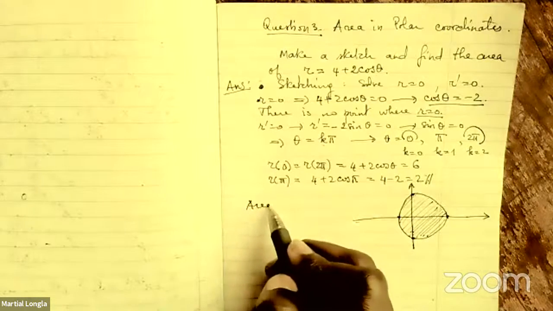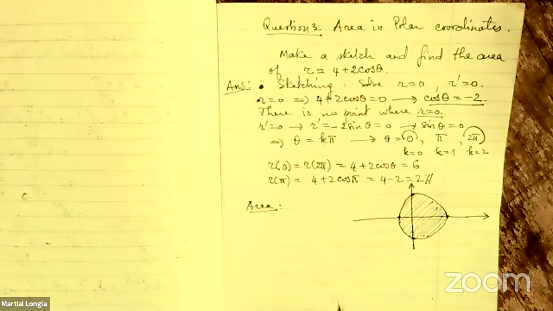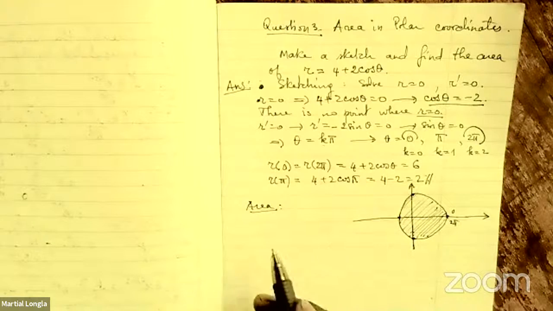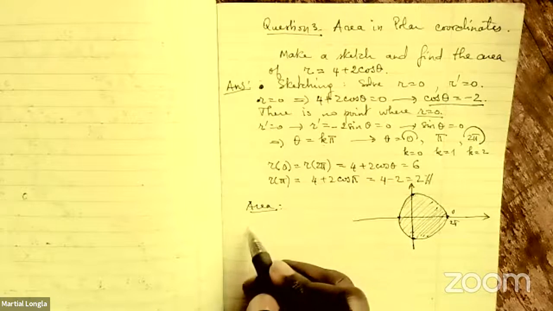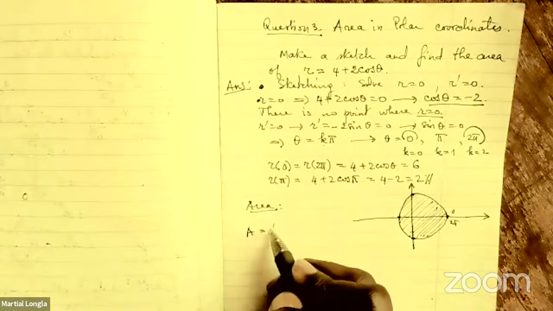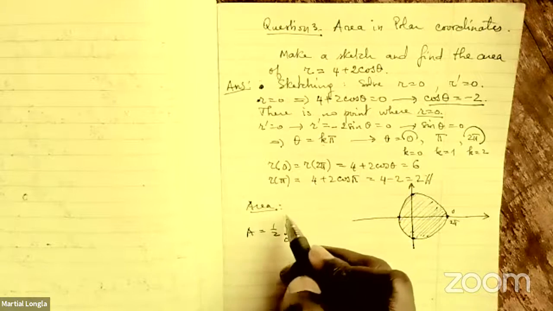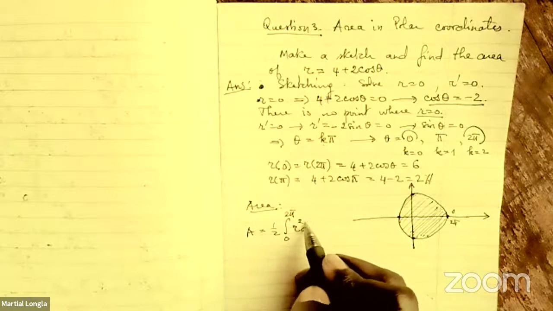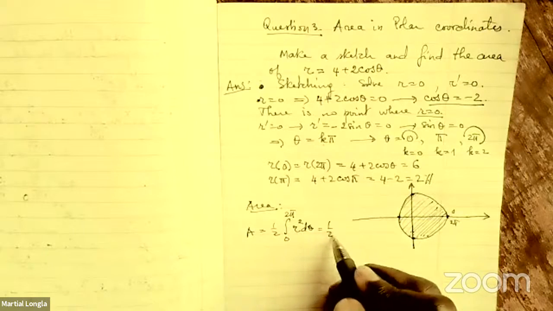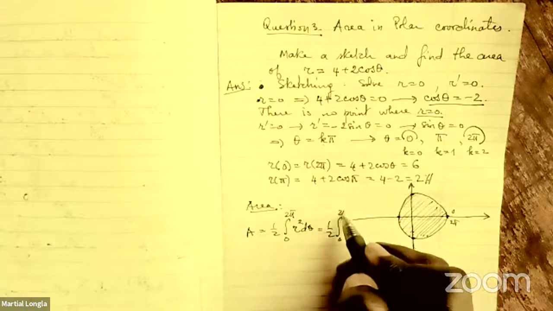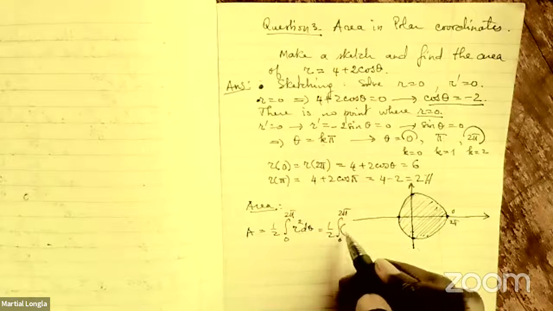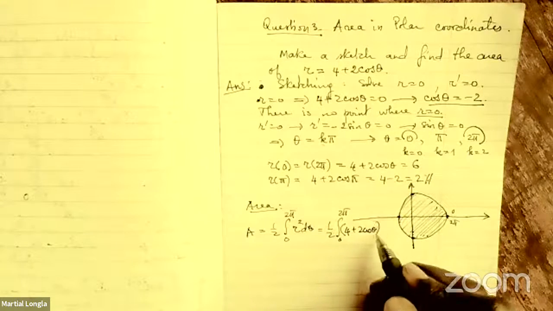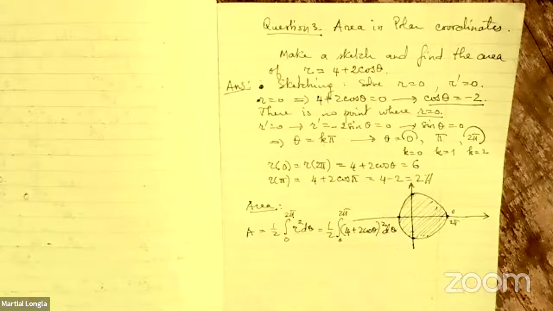And now you want to find the area. Because you go from 0 to 2 pi to cover the whole thing, the area is equal to 1/2 integral from 0 to 2 pi of r squared d theta, which is 1/2 integral 0 to 2 pi of (4 plus 2 cosine theta) squared d theta.